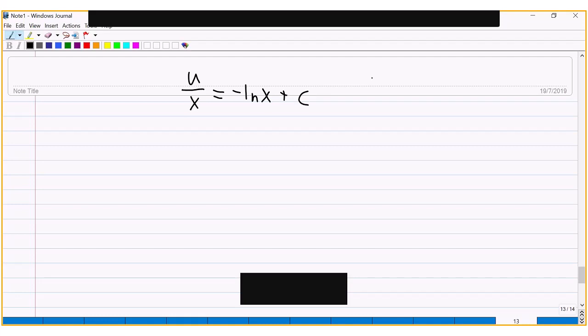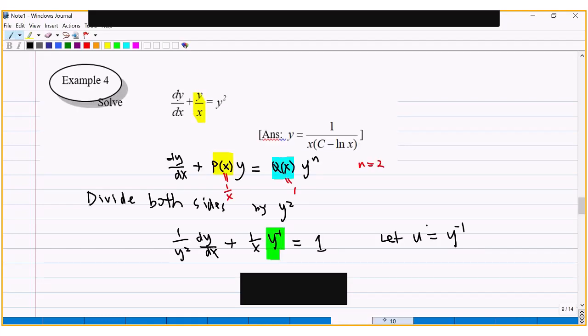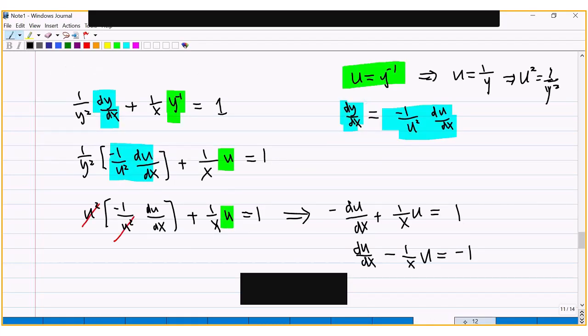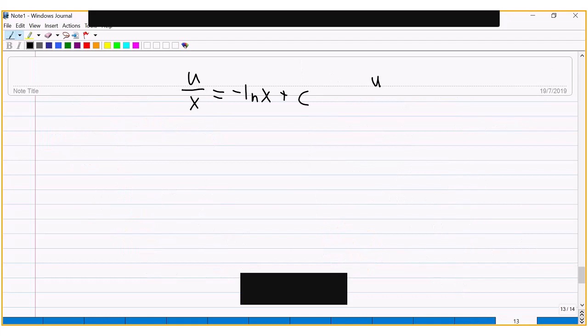Now, in the very beginning, u is 1 over y, y to the power minus 1. So that means u is 1 over y, so 1 over xy equals minus ln x plus c.